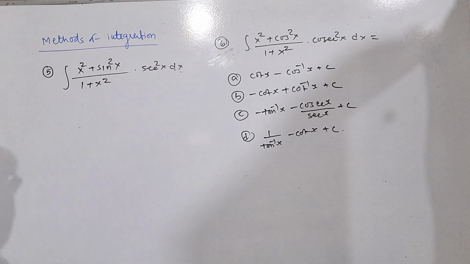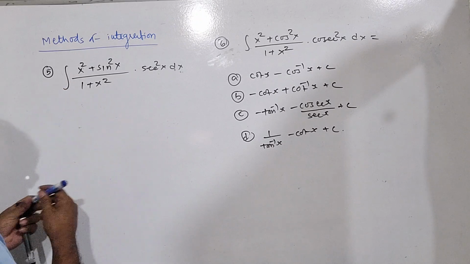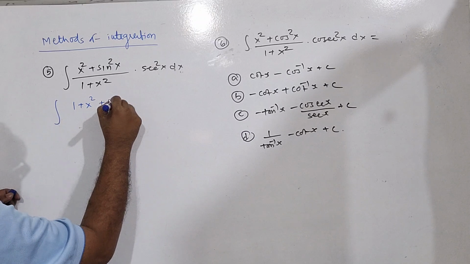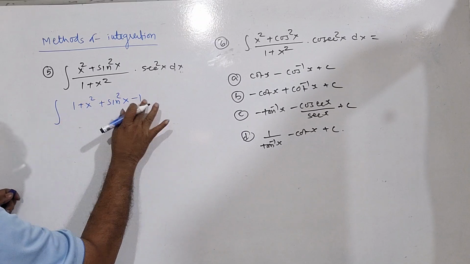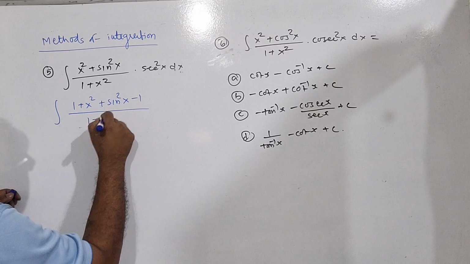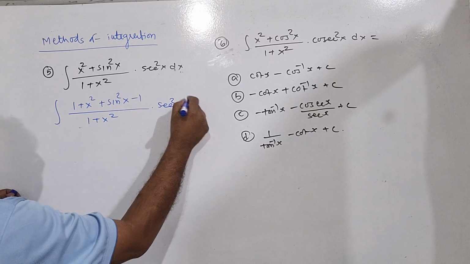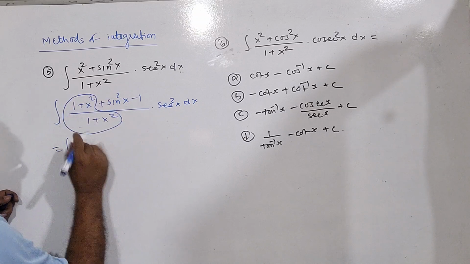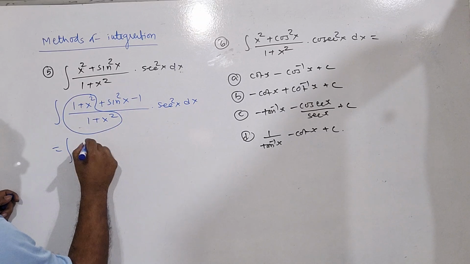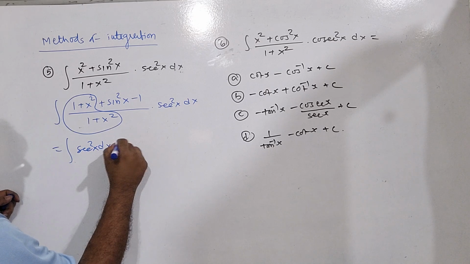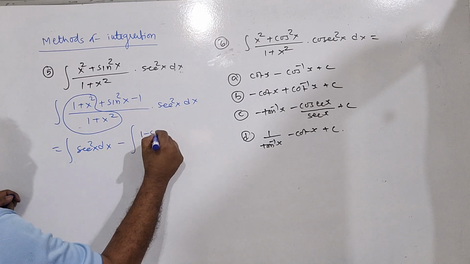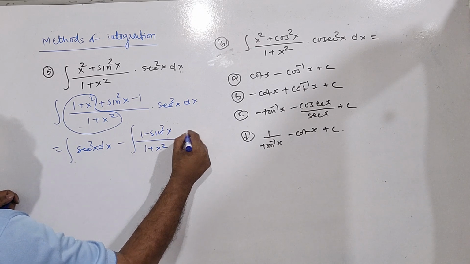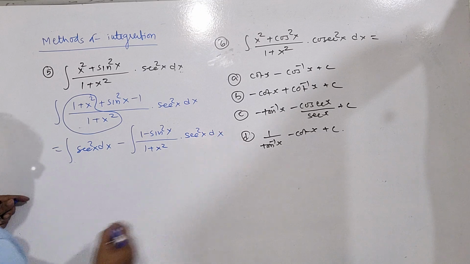So here again x squared, 1 plus x squared, therefore I have to make this transformation: 1 plus x squared plus sin squared x minus 1, divided by 1 plus x squared into sec squared x dx. So this is 1 into sec squared x, so simply sec squared x, standard integration, and this is minus 1 minus sin squared x over 1 plus x squared into sec squared x dx.